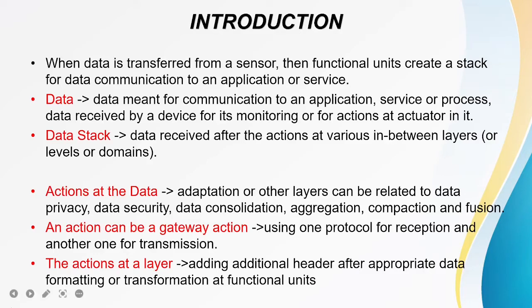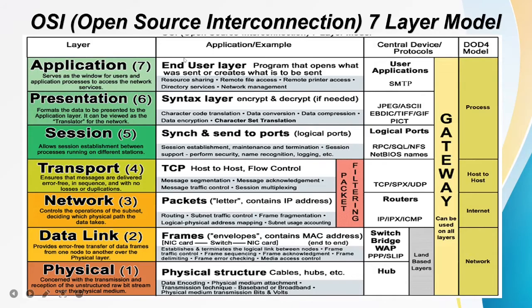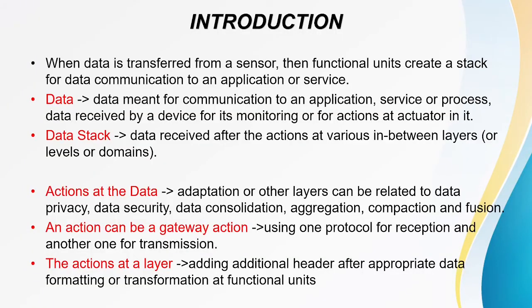So here the different layers will be having different protocols depending on their use. So when it comes from one layer, you will be applying one protocol, and when it goes from this particular layer or any layer, you will be applying different protocols there. Okay, so that is gateway. Now actions at a layer.